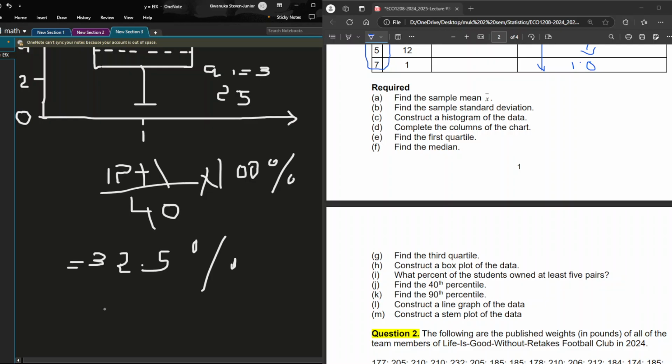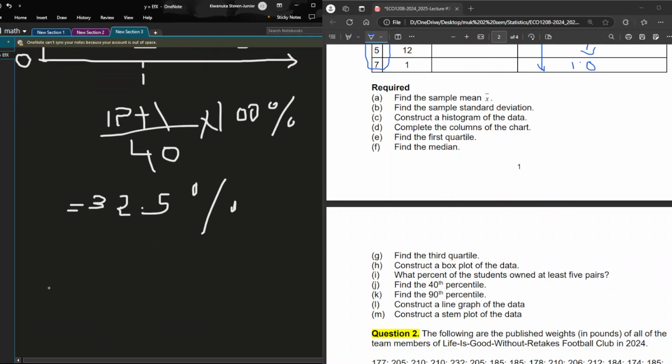I didn't indicate it here in my work, but maybe it is something I'm going to ask you to excavate and find out, whether we add the 1 or we do not add the 1.